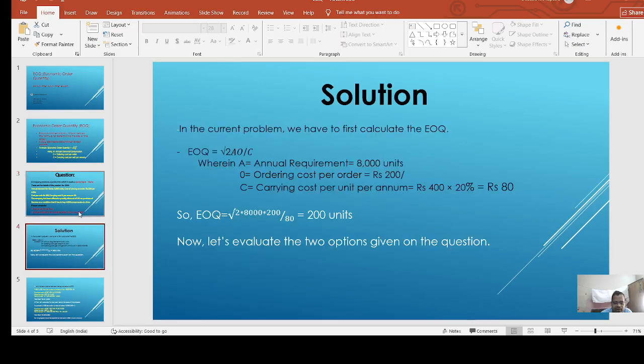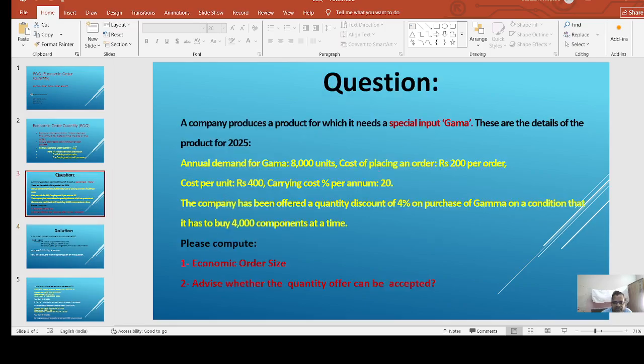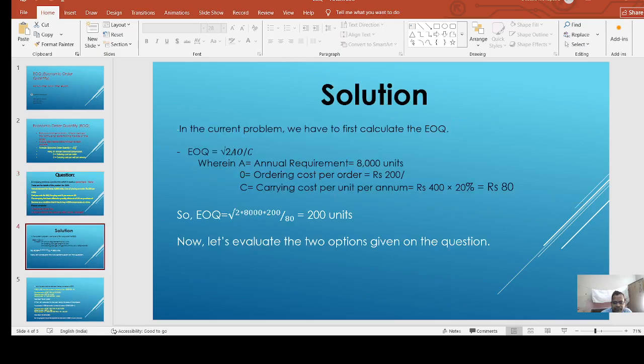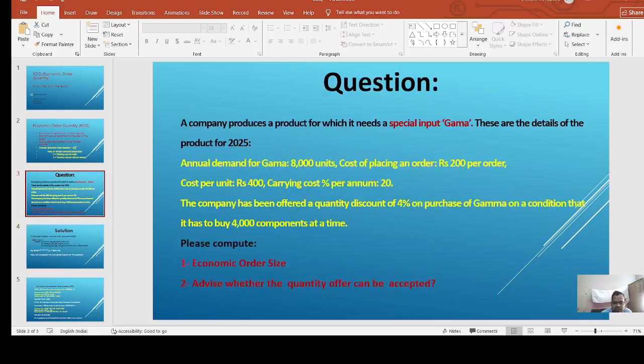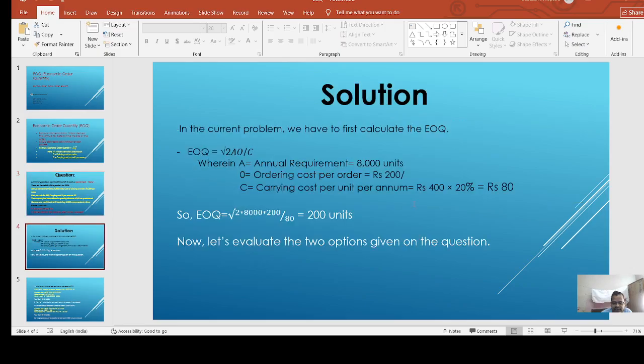Ordering cost per order, the cost of placing an order, is 200. Then carrying cost per unit per annum. Unit cost is 400, and the carrying cost percentage per annum is 20. So the carrying cost per unit per annum is rupees 400 multiplied by 20%, which comes to 80.